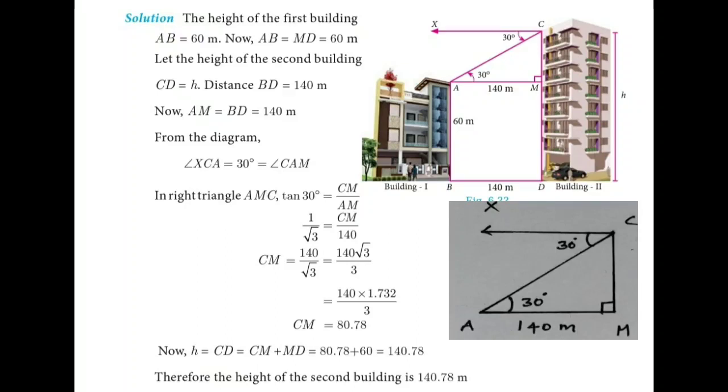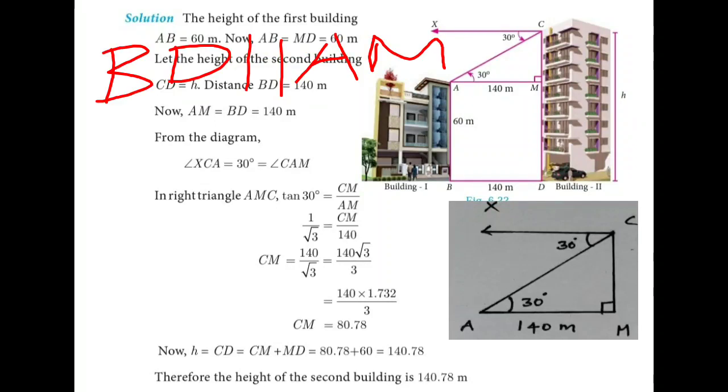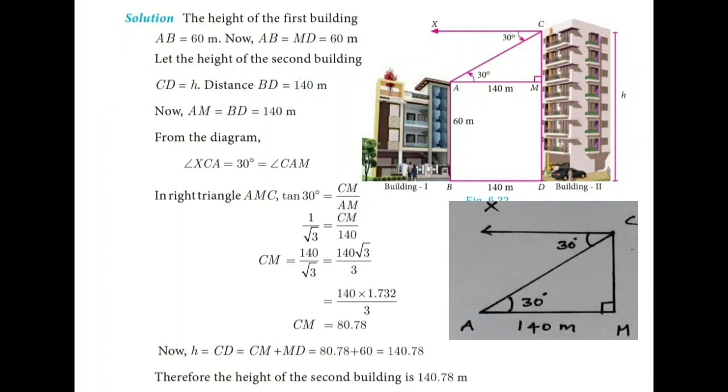Solution. Let AB be the height of the first building and CD be the height of the second building and C be the observation point. Then given AB is equal to MD is equal to 60 meter. Draw BD parallel to AM. Let CD is equal to H meter.